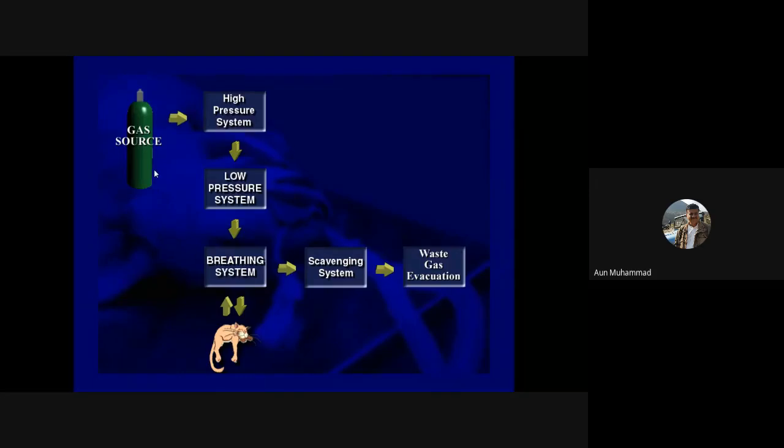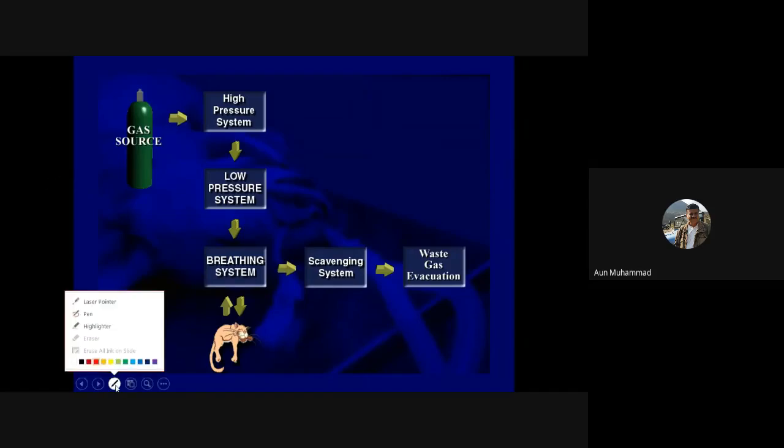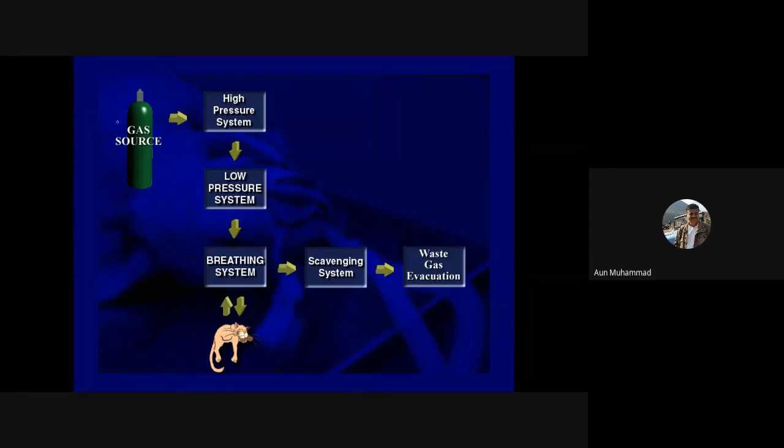So the gaseous anesthesia system is composed of different things, starting with the gas source. This gas source consists of a tank. Depending upon the capacity, it may be the H tank, meaning huge tank, or it may be the E tank, the emergency tank, which is mostly kept in the operation theater.